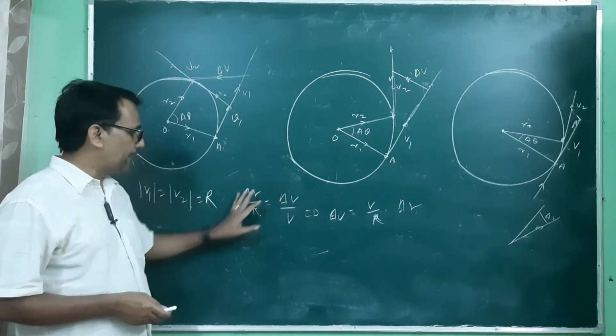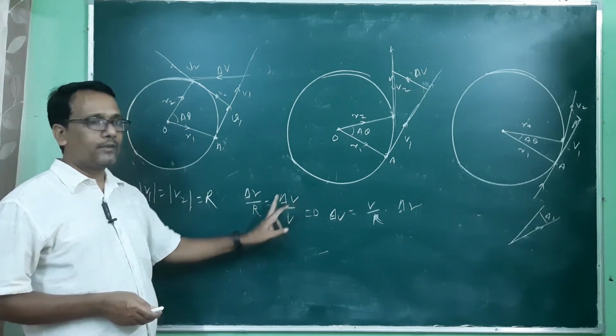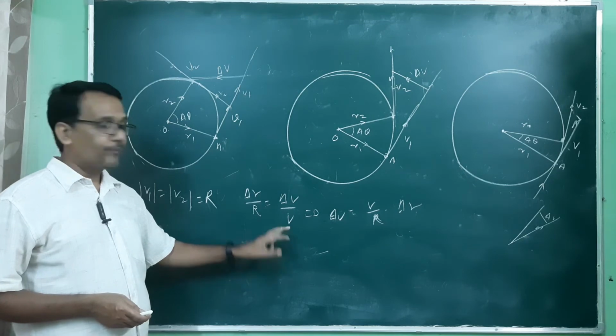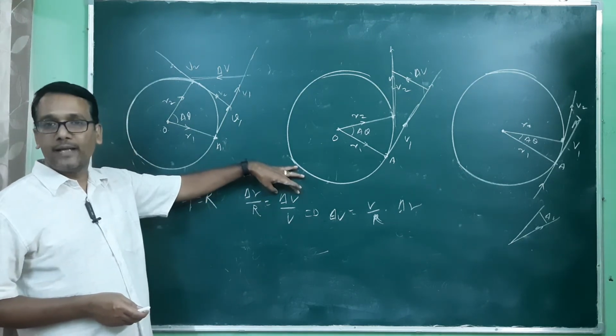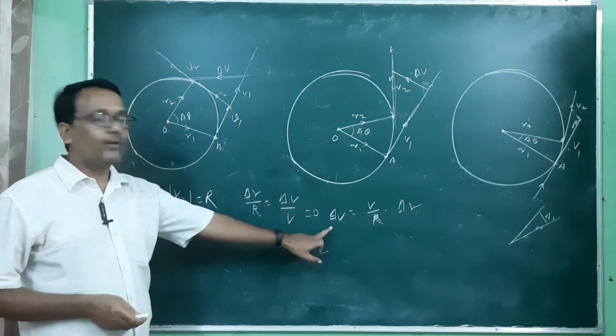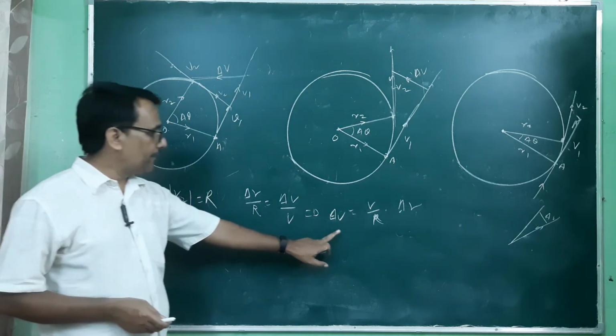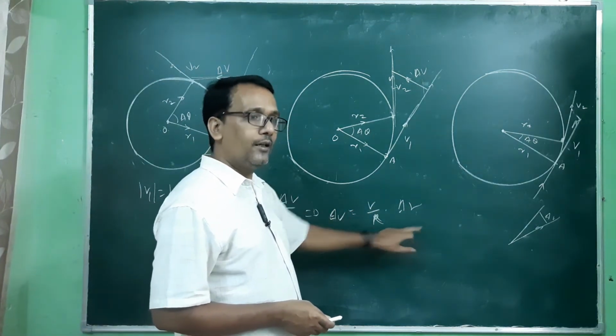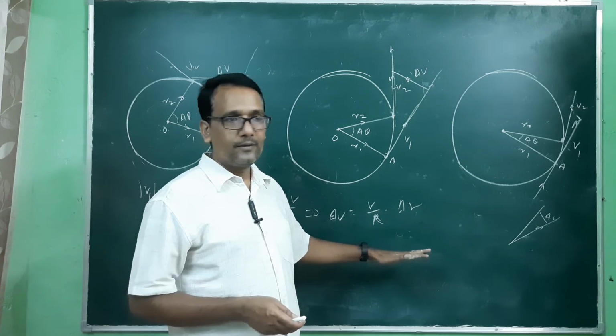And similarly delta R by R can be written equal to delta V by V. And since we have to calculate acceleration, so we have to solve it for delta V. So delta V is equal to V by R multiplied by delta R. Now we will divide this by delta t.